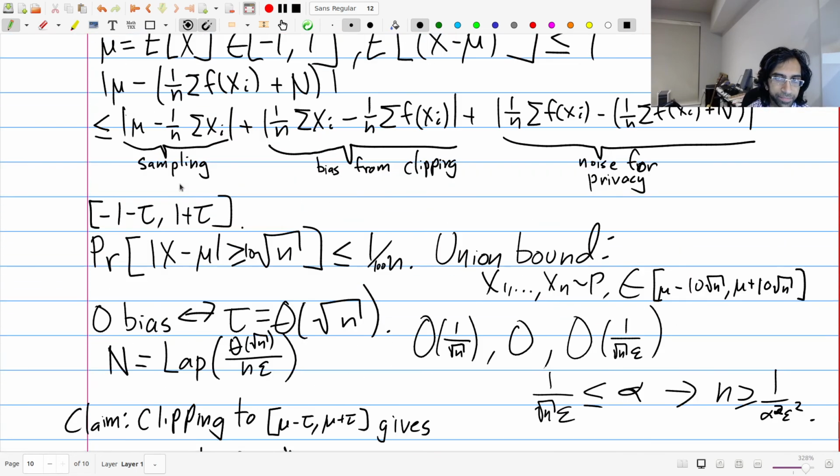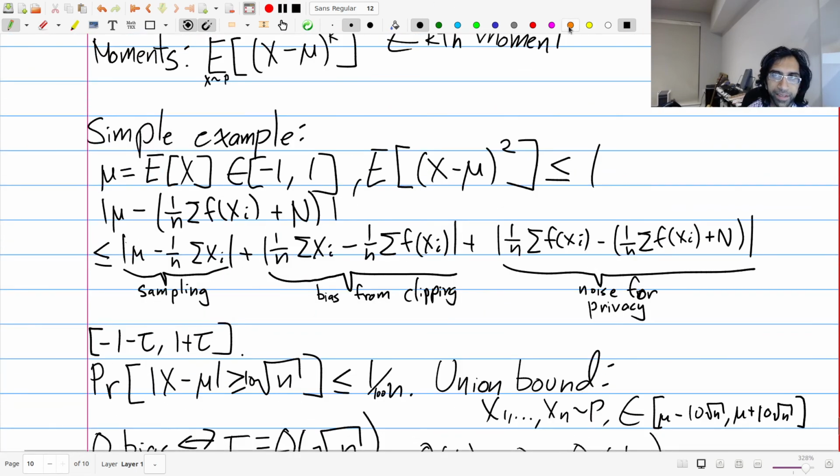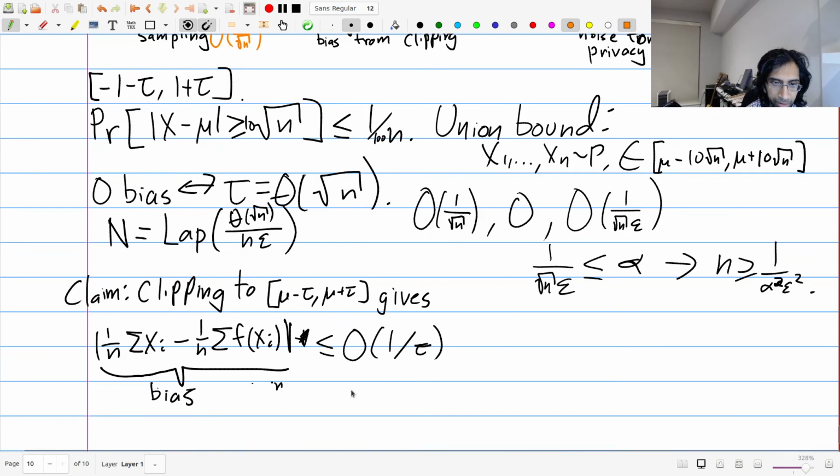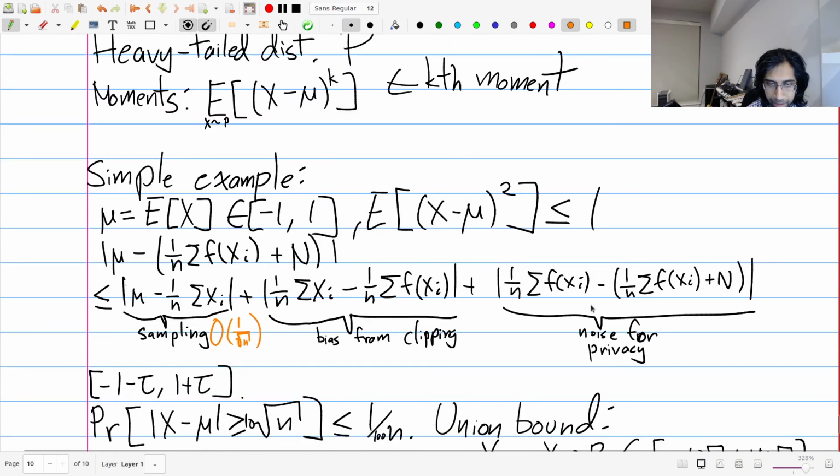In fact, I claim that no matter where we clip, the error due to sampling will always be the same because this doesn't depend on the clipping at all. So the error due to sampling will always be O of 1 over square root n. The bias due to clipping will, like I said, be bounded here. My claim is that it's O of 1 over tau.